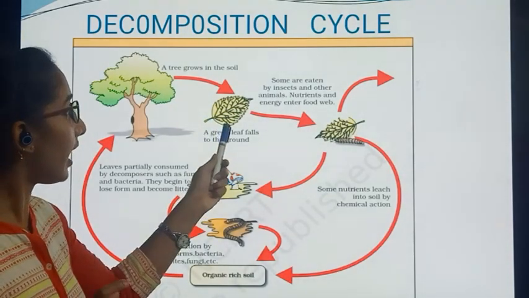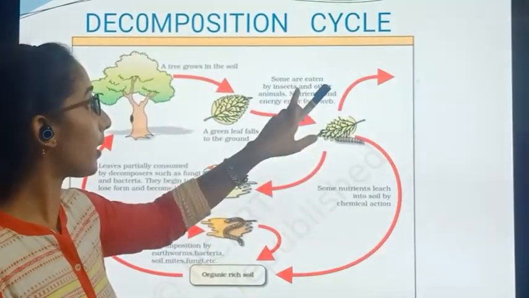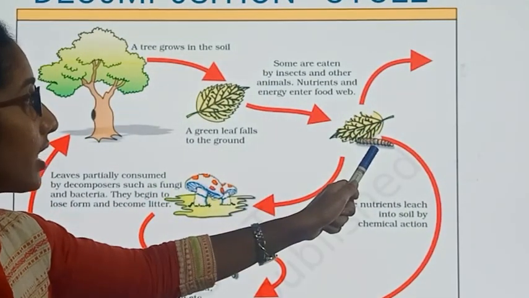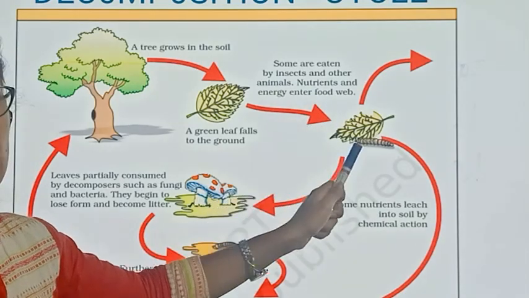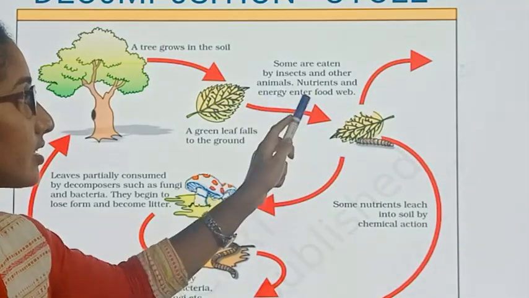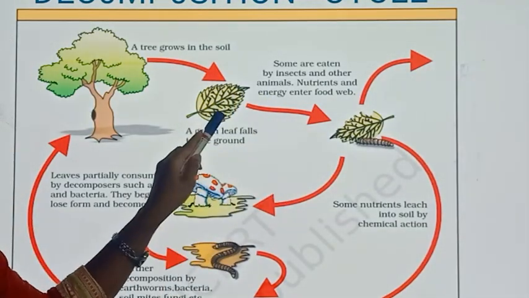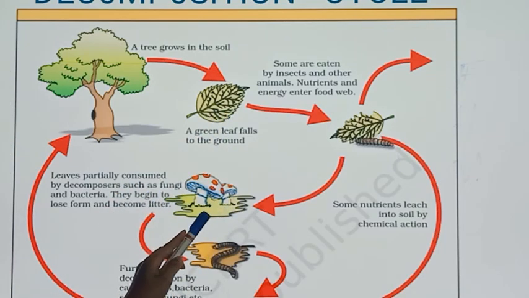Now that green leaf might be eaten by many insects and other animals, and nutrients and energy will be passed through the food web. Or else the same leaf or many other leaves might be decomposed or decayed with the help of fungi.